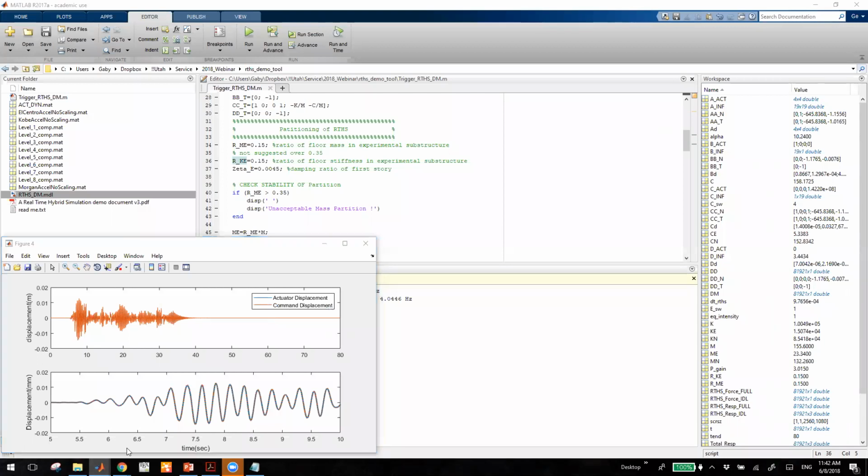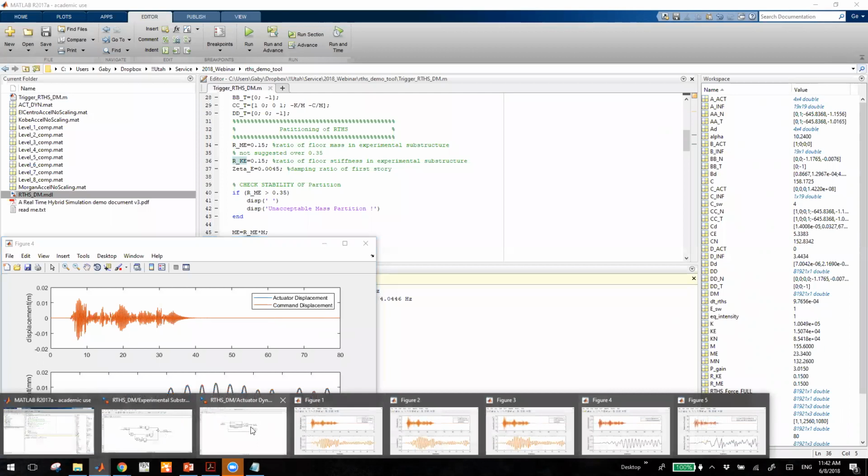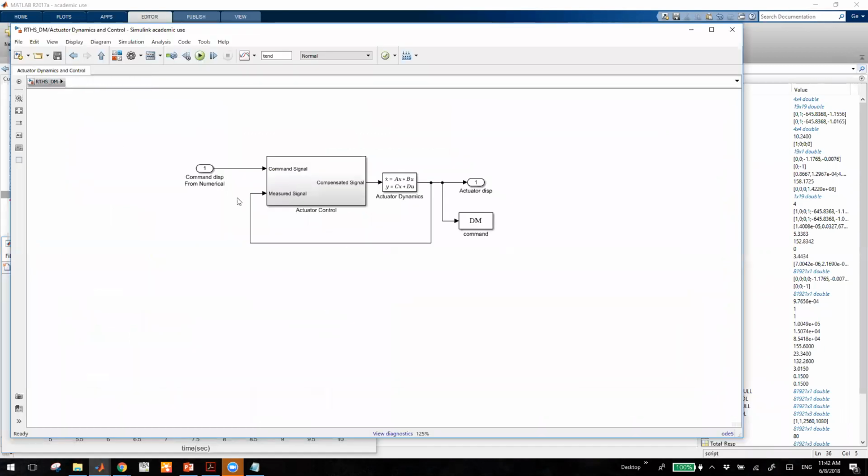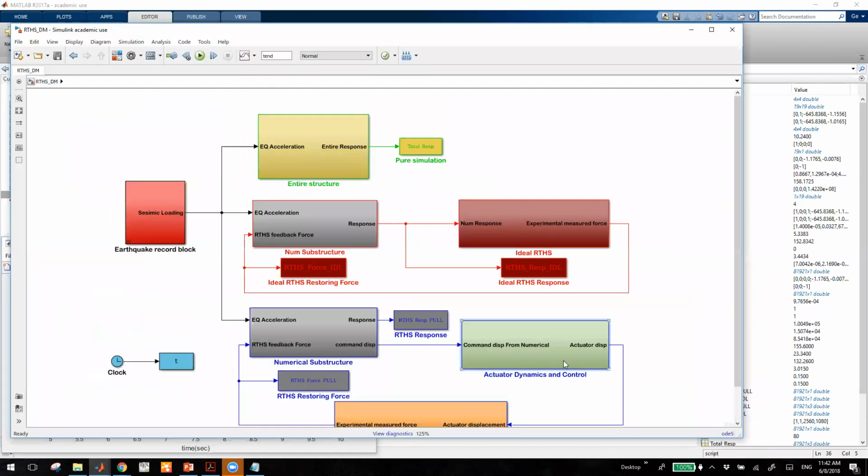The command displacement is the displacement we send before we have the actuator controller and before we have actuator dynamics. The actuator response is what we have after the actuator. So the idea of actuator control is that what we send to the actuator dynamics and the control should be exactly the same as what we compensated.